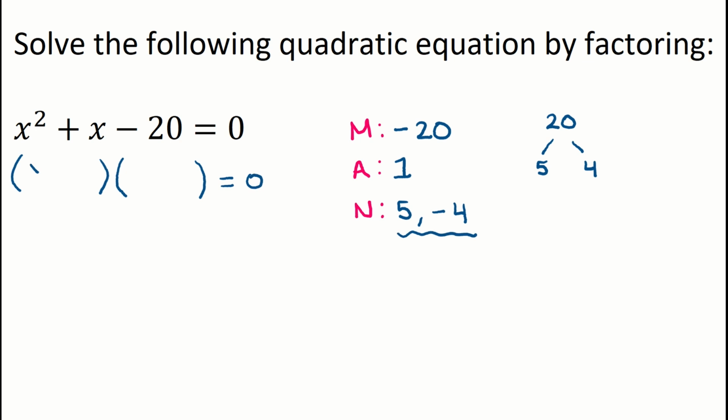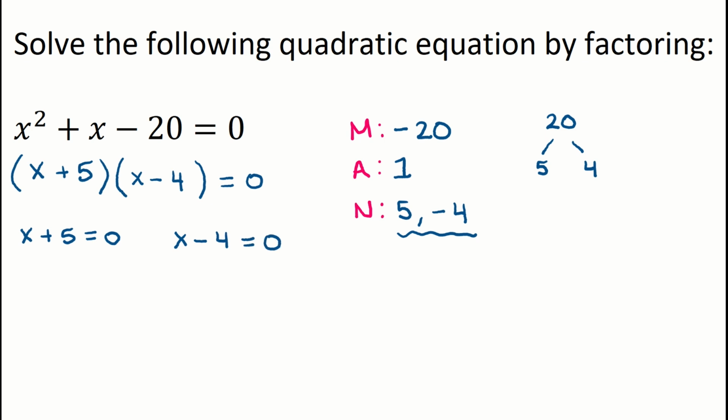So one of the brackets will be an x plus 5 because of the positive 5, and the other bracket will be an x minus 4 because of the negative 4. Now, because this equation is equal to 0 and you're dealing with two things being multiplied by each other, you know that either the first term, x plus 5, has to be equal to 0, or the second term, x minus 4, has to be equal to 0.